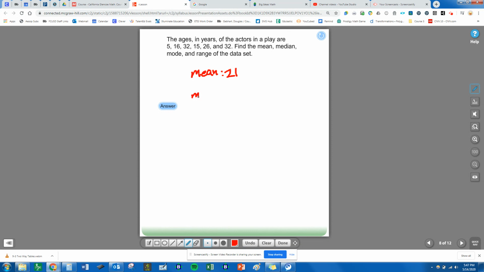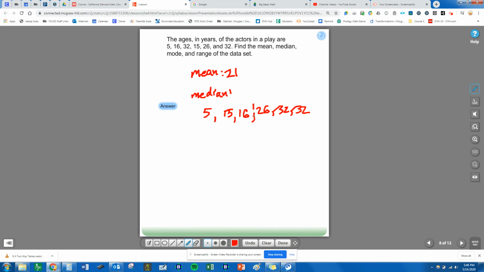Okay, next, find the median. First, put the numbers in order. I'll do that here. And find the median. So we've got 5, 15, 16, and 26, 32, 32. Okay, go and find the median. All right.